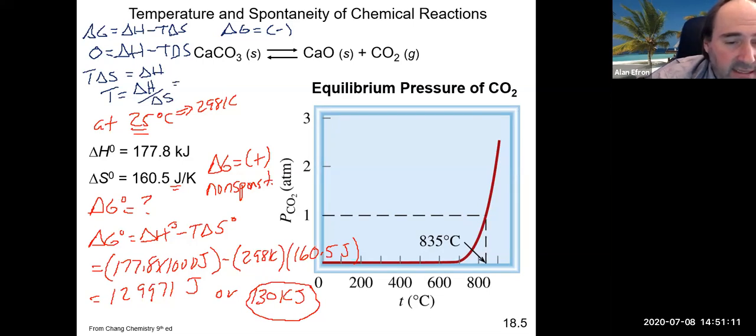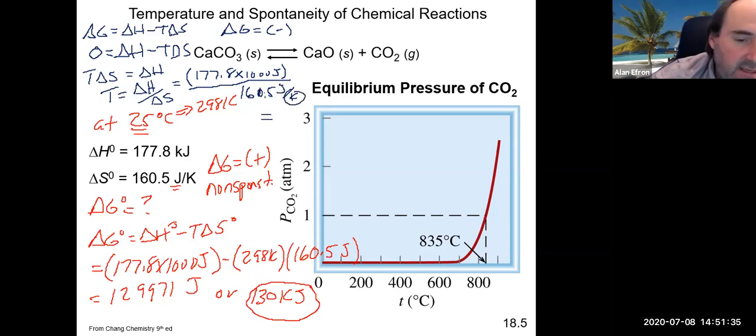delta S. And when I put my numbers into here, again, I do need to get the units the same. So I'm going to do the same thing. I'm going to take 177.8 times 1,000 to convert it to joules, divided by my delta S, which is 160.5 joules per Kelvin. This is where my Kelvin comes into play.